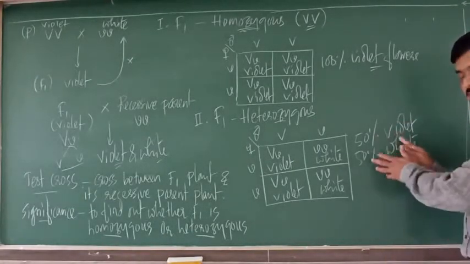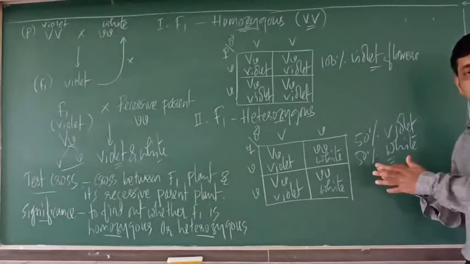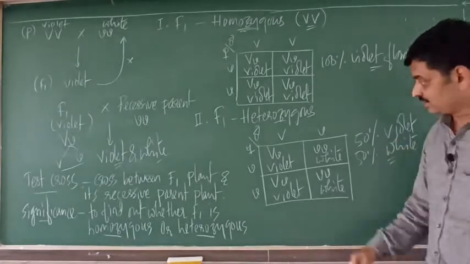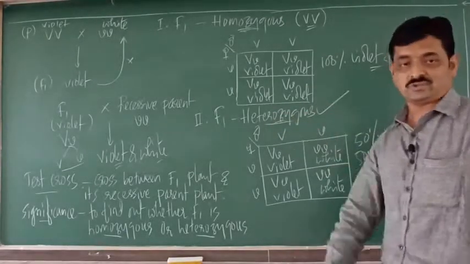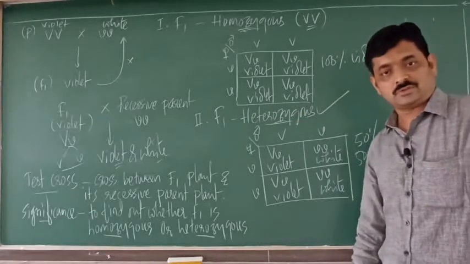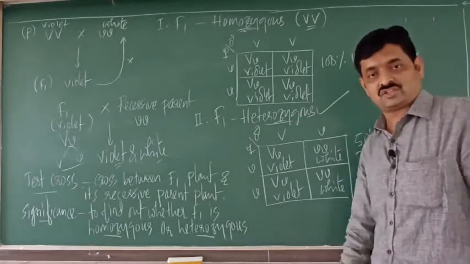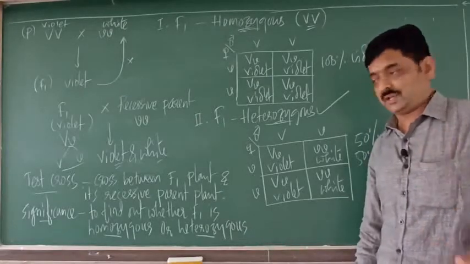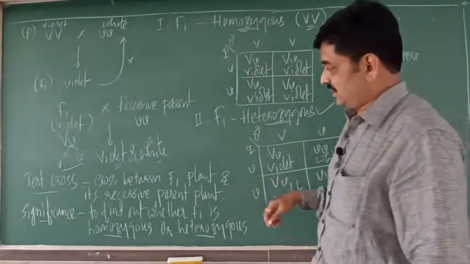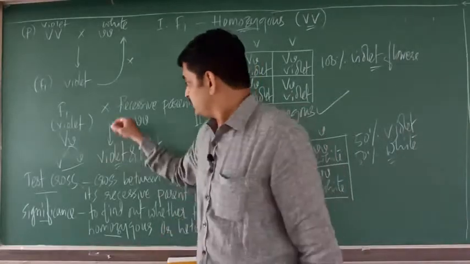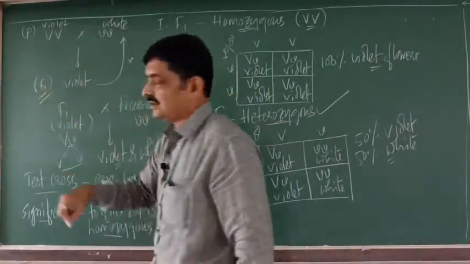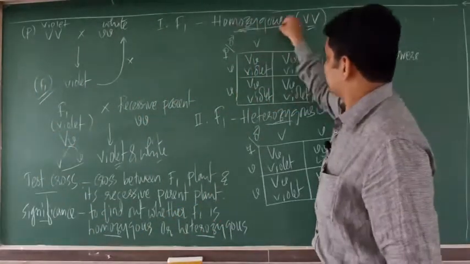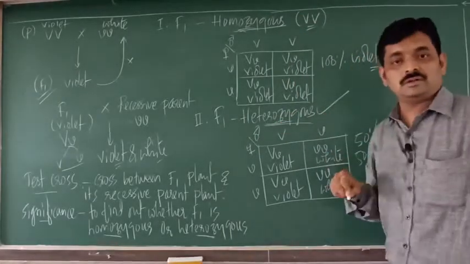So when this condition occurs, your F1 is heterozygous. So this is how, by doing a test cross, we can find out the genotype of the F1, whether it is homozygous or heterozygous.